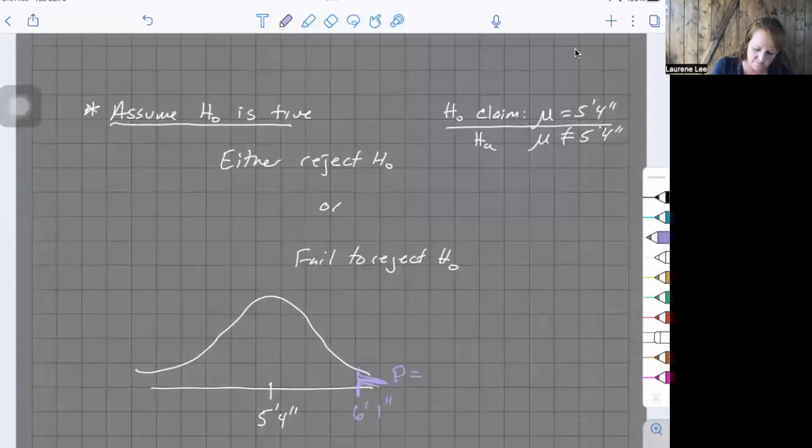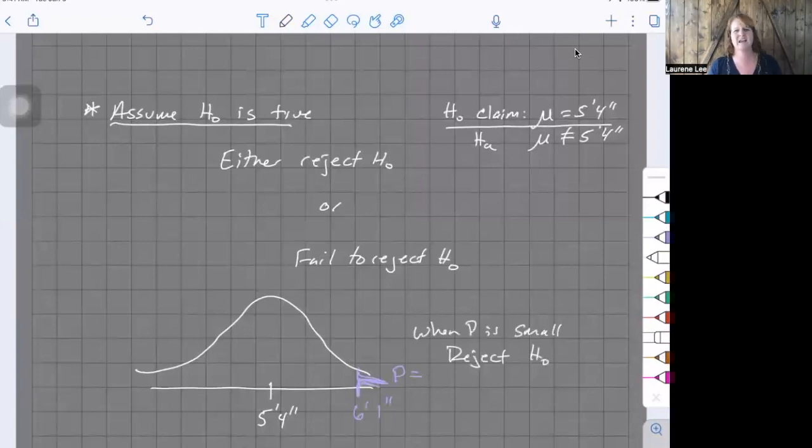When p is small, that means that you are in the tail, you are extremely far away from your claim, and that means that we are going to reject H naught. Okay, makes sense, right?